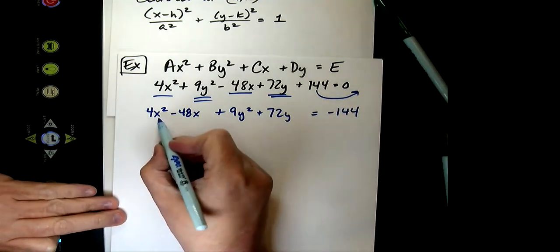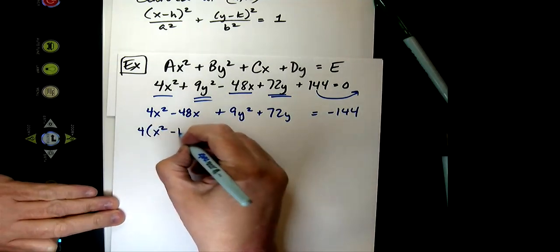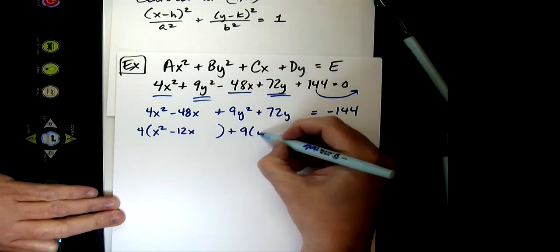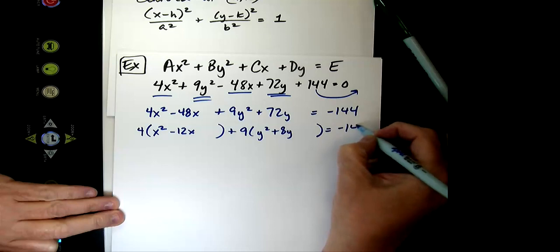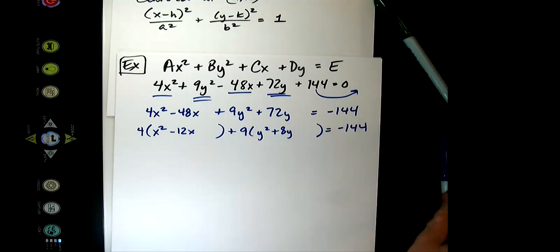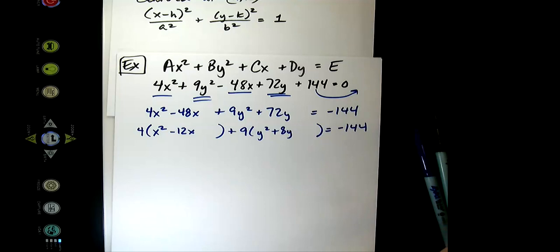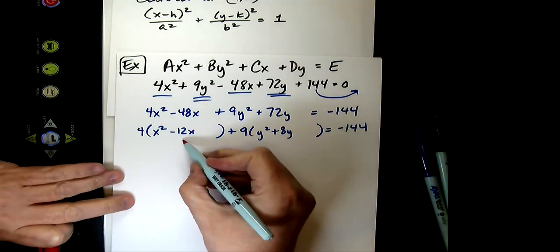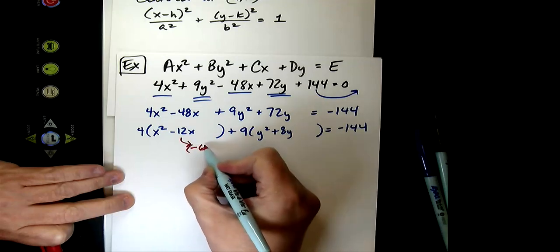We don't like having the numbers in front, so I'm going to factor those out, leave a space, and do the x's together and the y's together. If I complete the square here, I divide that by 2 and square it.